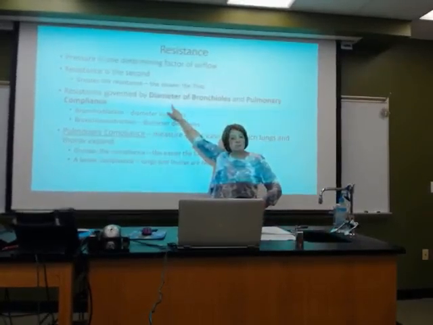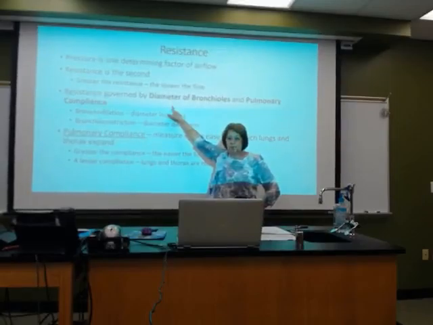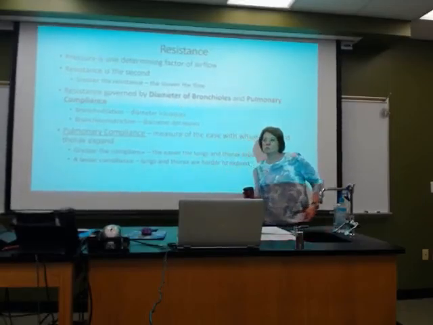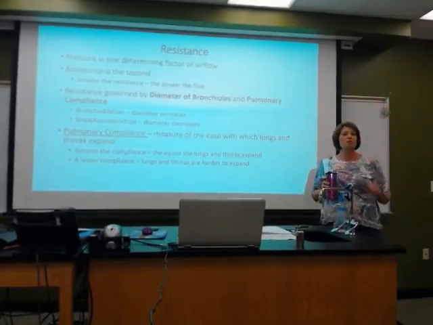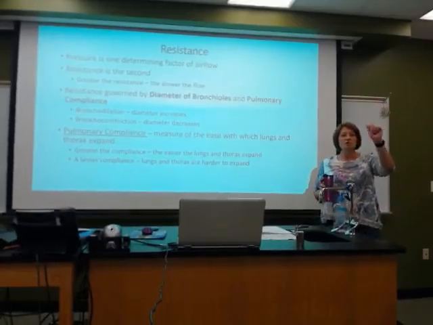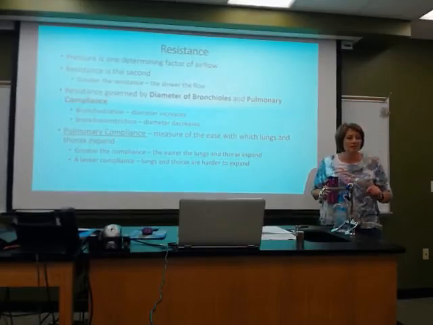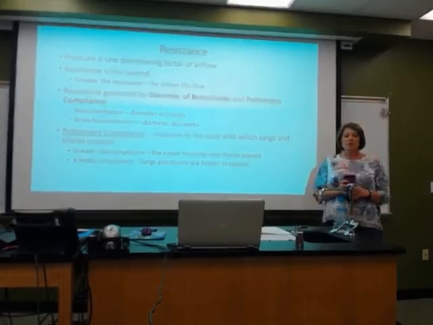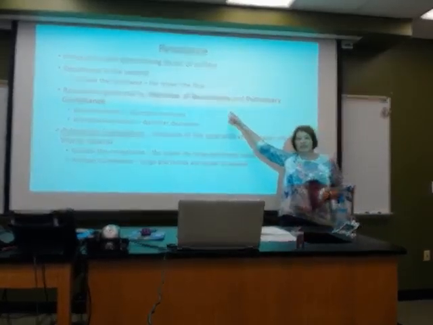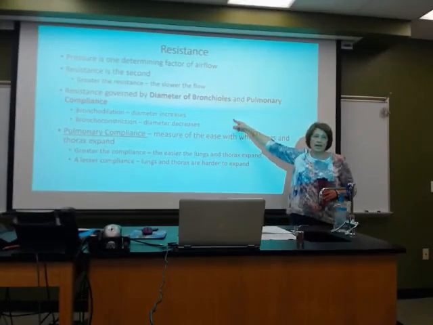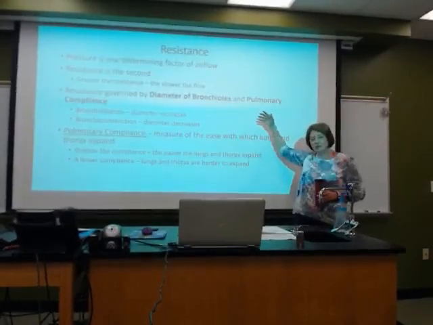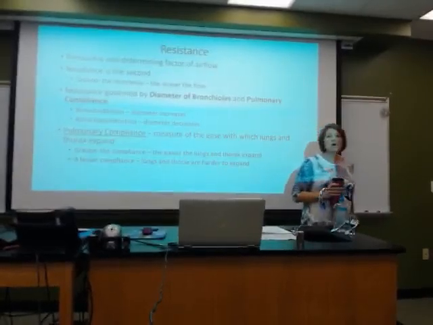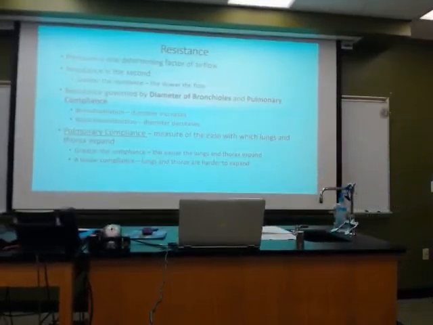What is it that's controlling the diameter of the bronchioles? Our smooth muscle. And smooth muscle is innervated by the autonomic nervous system. Pulmonary compliance will be a factor associated with that. And compliance, if we think about that term, what does it mean to be compliant or to comply?